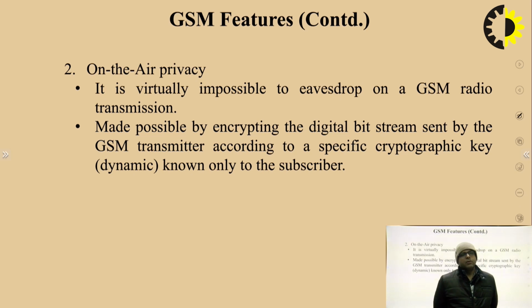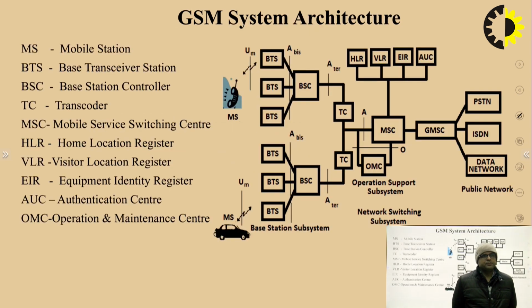So only the subscriber who is sending the information and the subscriber for whom the information has been sent can understand it. No one else can easily decode or understand the transmitted information. This was a very important and unique feature of GSM.